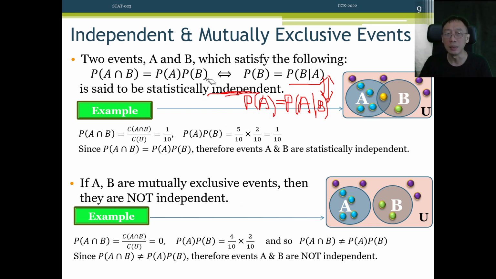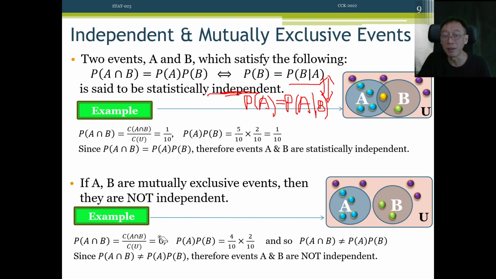But does it agree with our definition of statistical independence? Let's check. P of A intersect B. Now you see, if you think directly with probability, it's very hard to think about it. That's what you mean by P of A intersect B here, right? So if you think about the count of the number of balls that are in both A and B, well, there's no overlap, so 0.